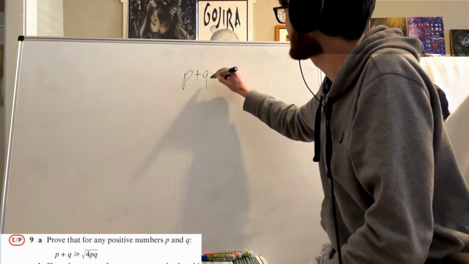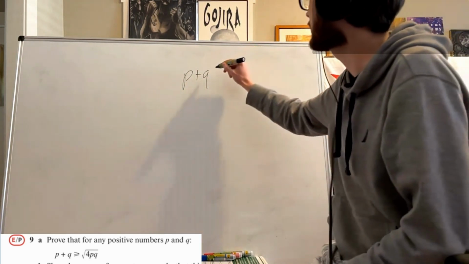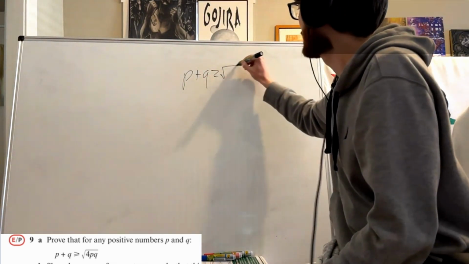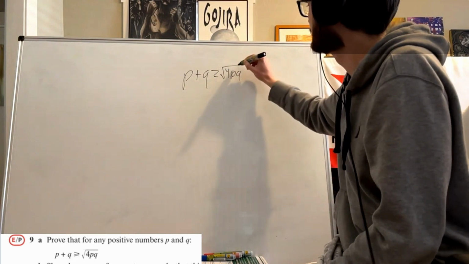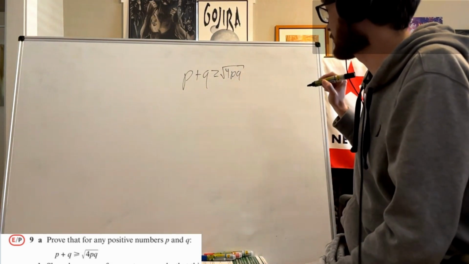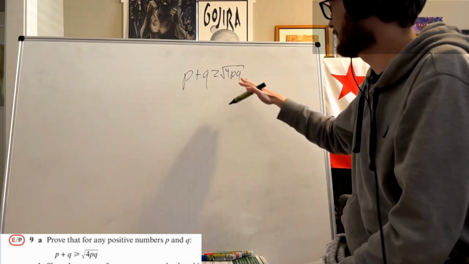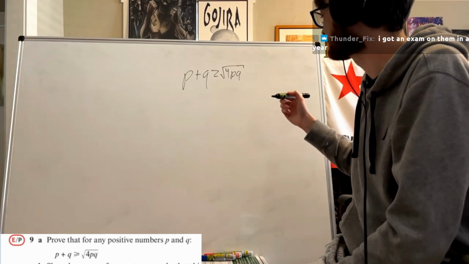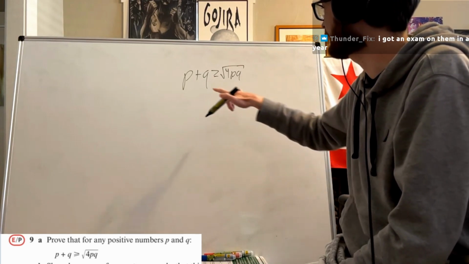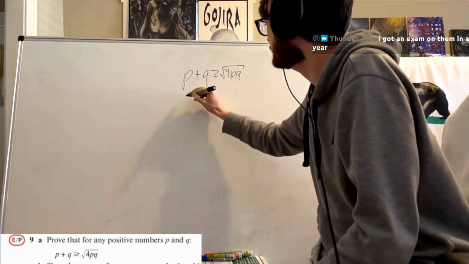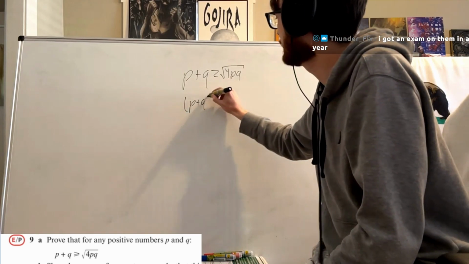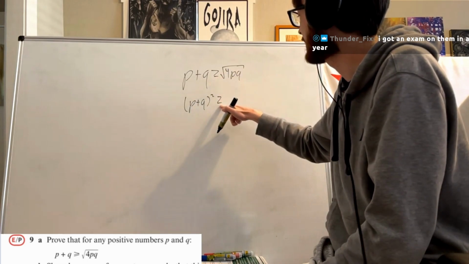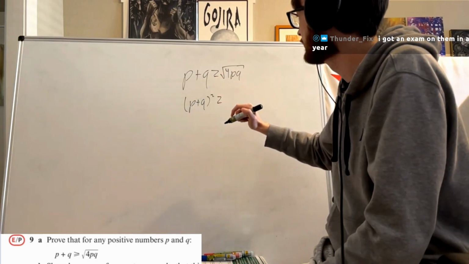So let's follow Jeff's train of thought. Greater than, is that or equal to? Or equal to root 4pq. So just see if it works out algebraically. Let's get all the p's and q's on the same side and get something that we can hopefully factor and get some meaning out of. First, let's square each side like Jeff said. (p plus q) squared is greater than or equal to, we don't need to flip this because squaring doesn't affect inequalities, I don't think.